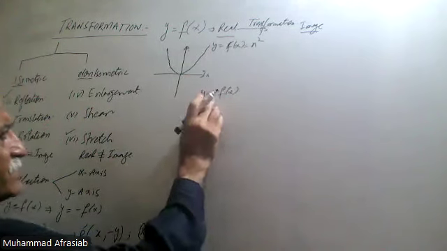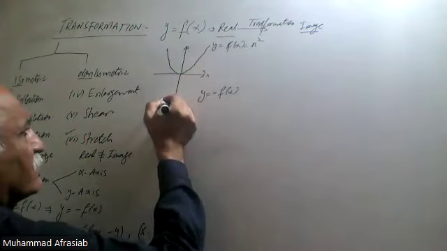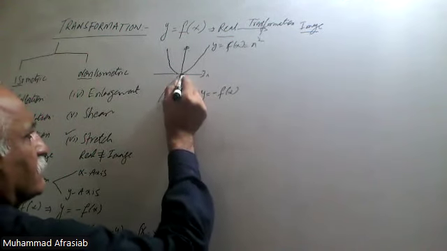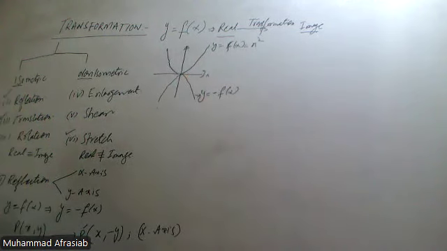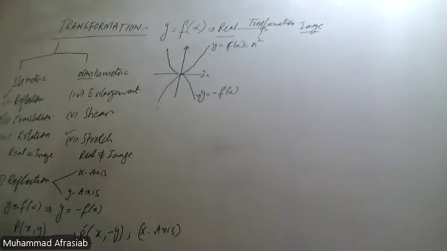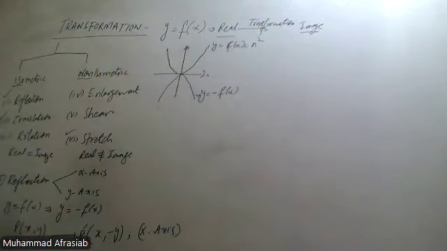The minus sign is outside the function, so it is the reflection of this figure about the x-axis. So (x, y) will be changed to (x, minus y). The x coordinate remains the same and the y coordinates change the shape. All positive values of y will become negative values of y in this case.